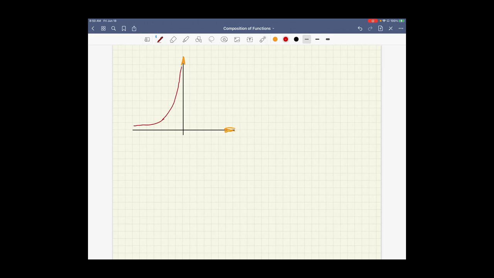You can use Desmos to make a picture of it. That is f composed with g of x, root of 1 over x squared minus 1. Now the graph of g composed with f.